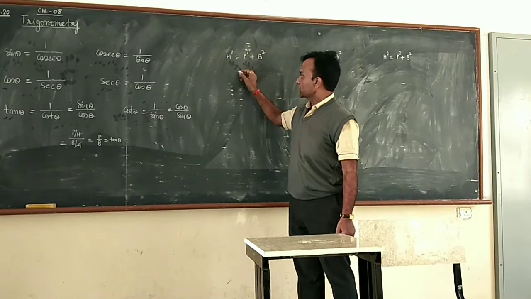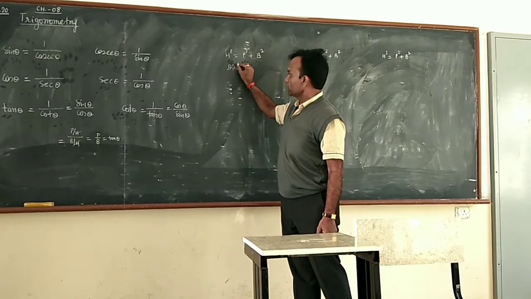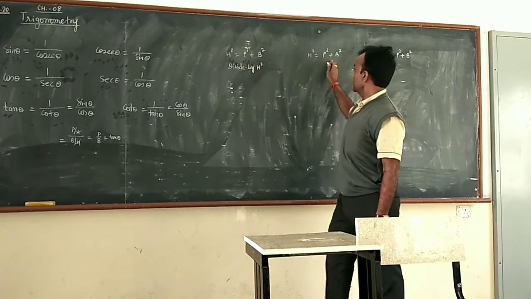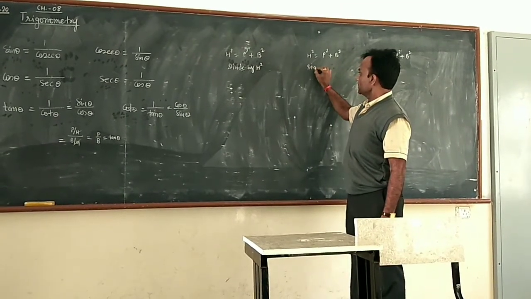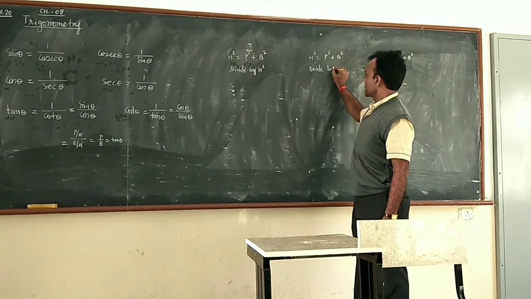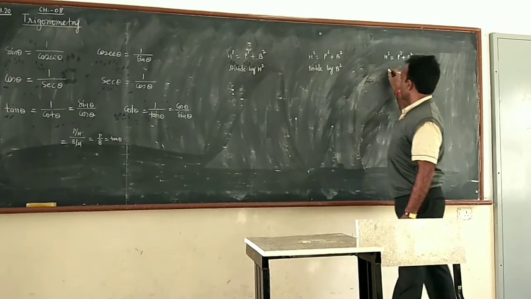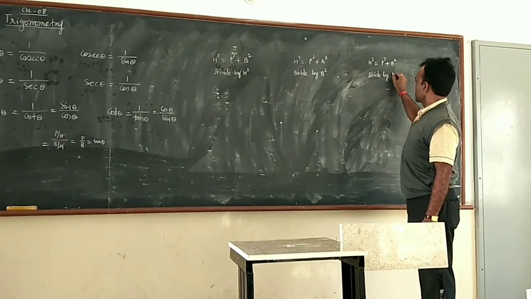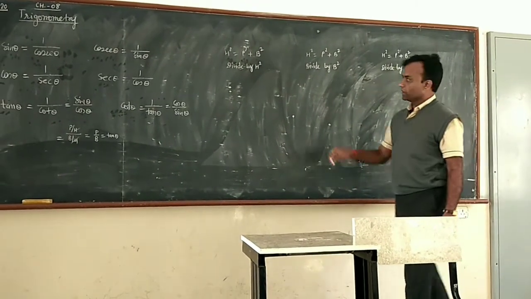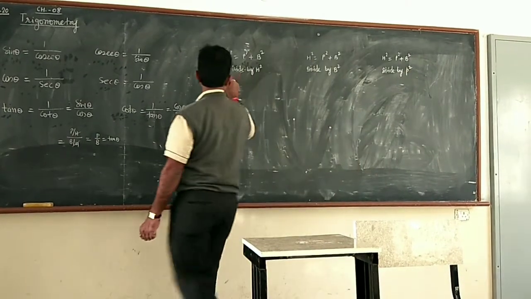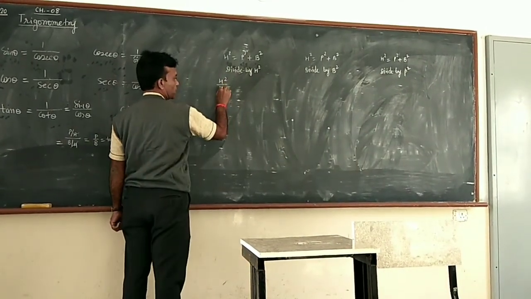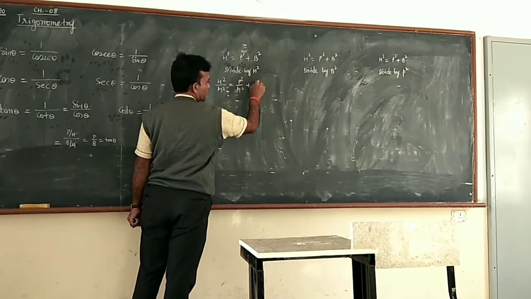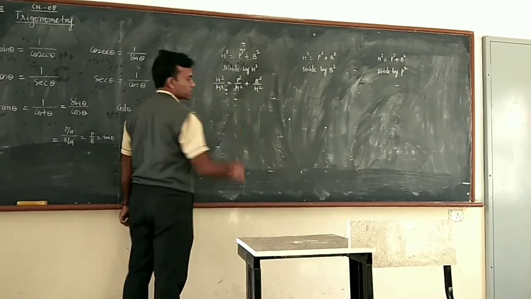So first you divide by h square, then divide by b square, and similarly divide by p square. Now all terms you divide by h square. So h square by h square, then p square by h square, and then b square by h square. This is the first one.